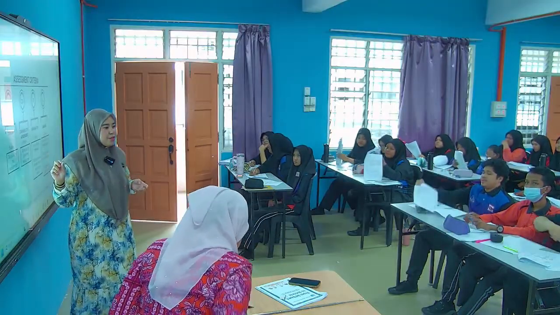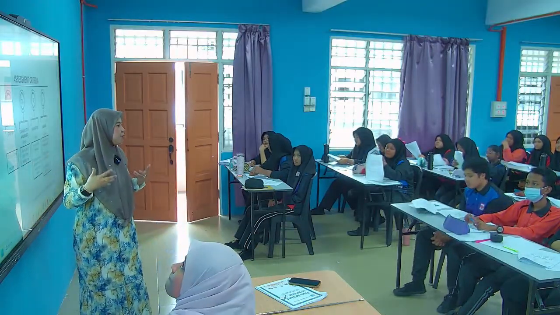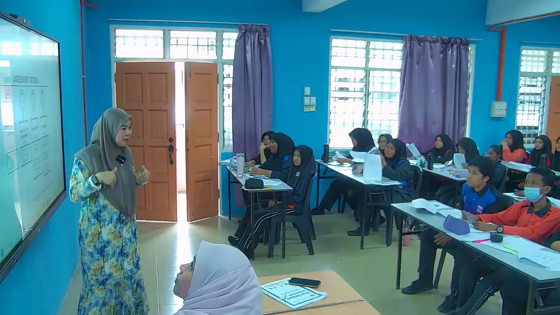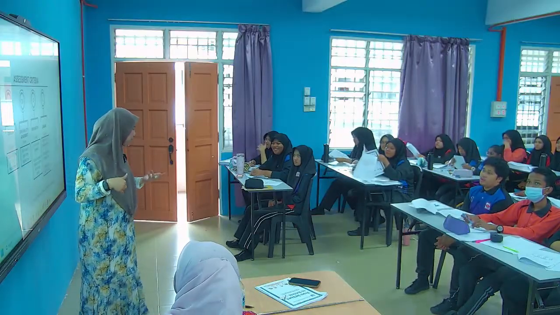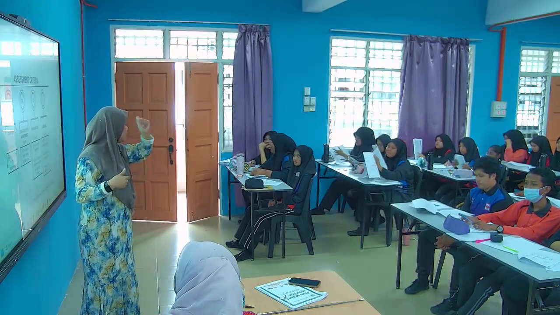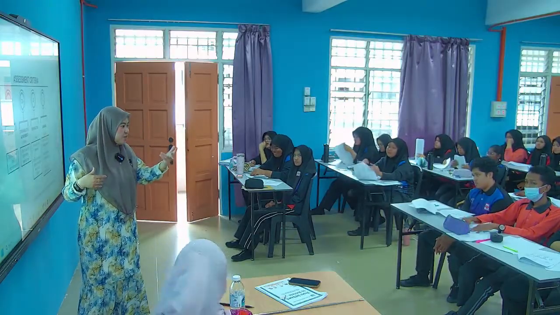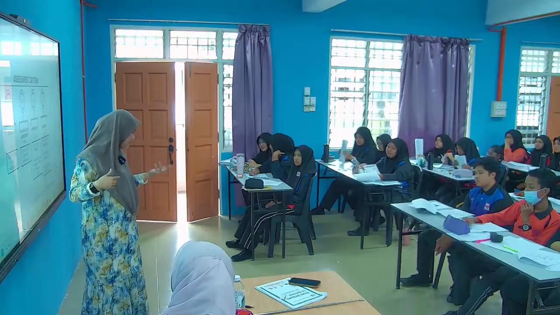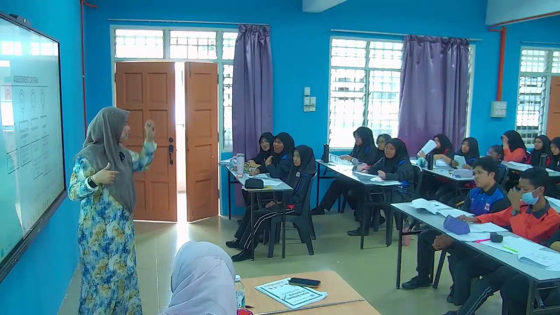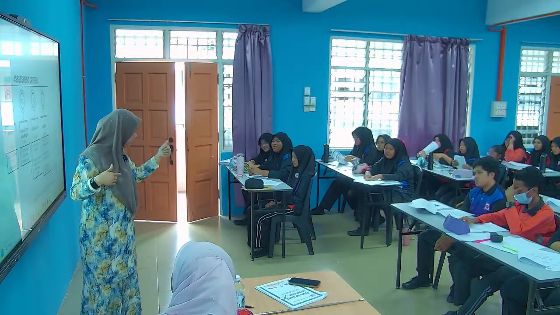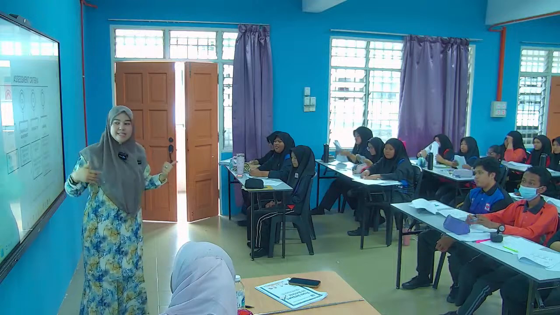Okay. When you get the exam paper, what do you normally do as you go through the questions? You need to read the question. After you read the questions, you need to highlight. And not only highlight, you have to label. Remember? What do you label? C1 for content 1, which is question 1.